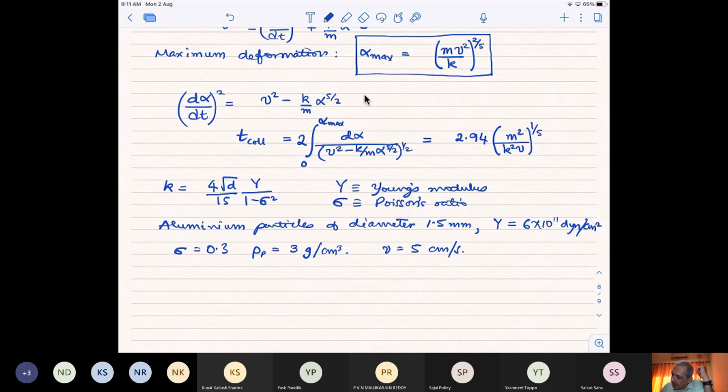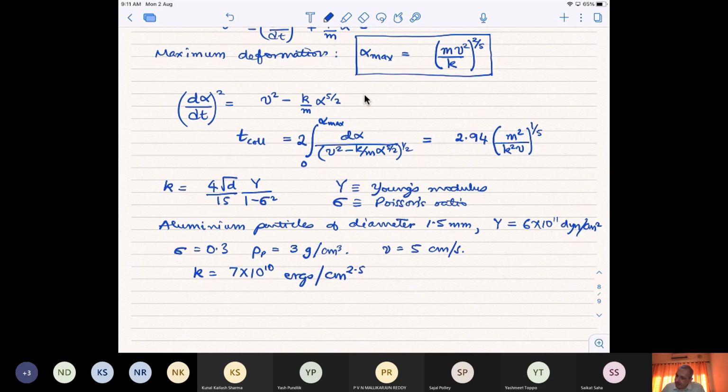So from up to here, taking the diameter, Young's modulus, and Poisson ratio, using these three, we can calculate K, and that is equal to 7 into 10 raised to the power of 10 ergs per centimeter raised to the power of 2.5.